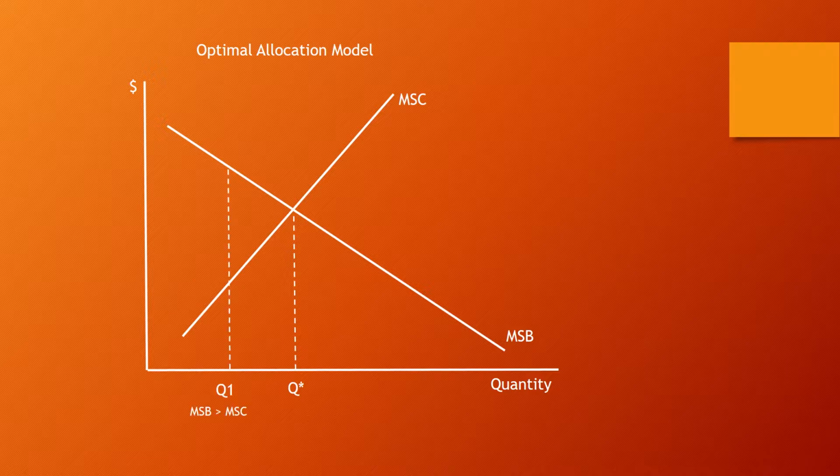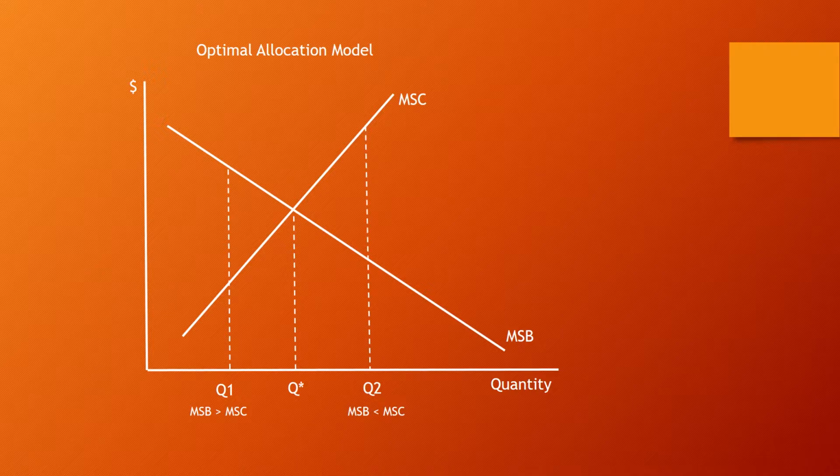Let's consider a quantity Q1, which is less than Q star in the diagram. This is a quantity that's associated with, as you see in the diagram, marginal social benefit greater than marginal social cost. As we said before, from an efficiency point of view, this implies that there should be more units of the output.